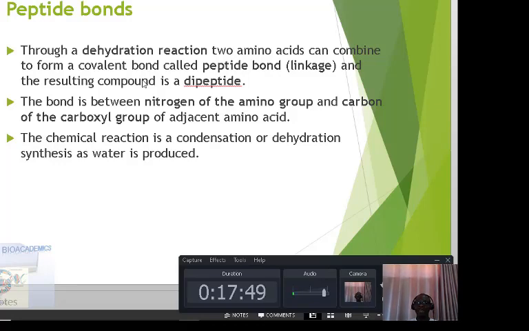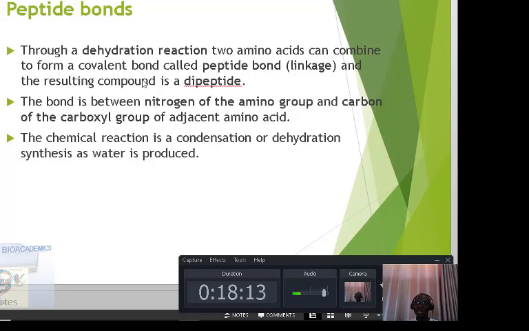Now the process by which this peptide bond is formed to form a dipeptide is what we refer to as the dehydration reaction, or dehydration synthesis in other books they might call it. Remember dehydration: de is to remove, hydration, hydra coming from water.